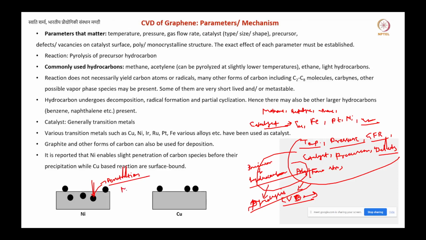But when you are using copper, you will only get surface bound growth. It cannot penetrate. When you use nickel, it enables slight penetration of the carbon species before precipitation, while in case of copper it is not found.